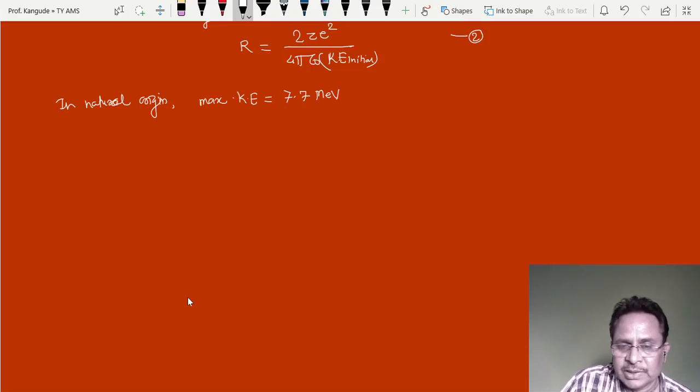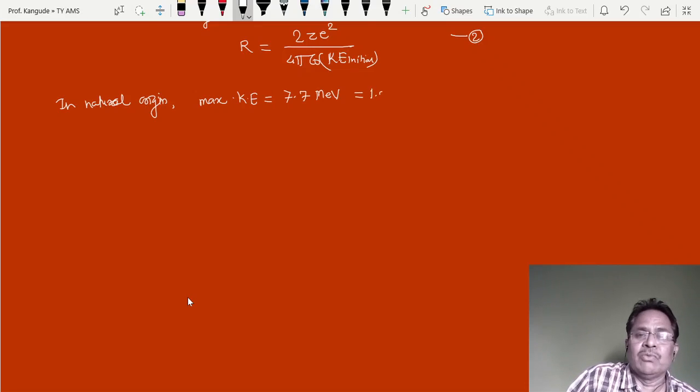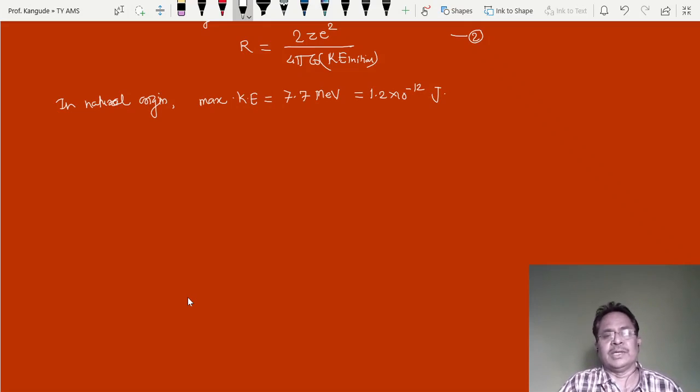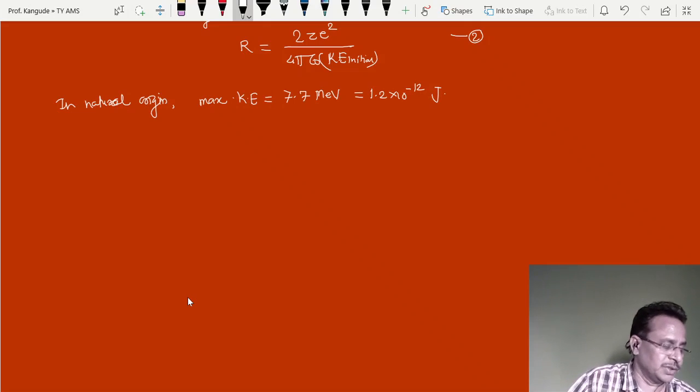Now you are introduced to this unit of energy, million electron volts, and if it is converted into joules, it comes to be 1.2 times 10 raised to minus 12 joules. You can go for further derivations and calculations of this.